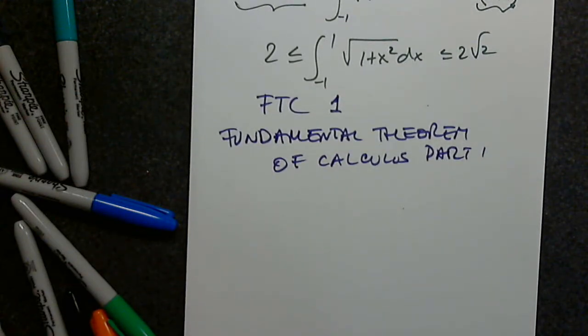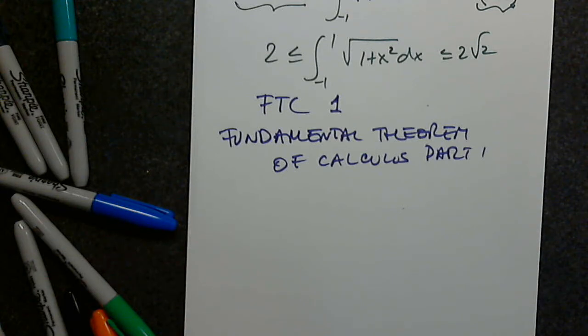Now, do we remember what part 2 was telling us? Fundamental theorem of calculus part 2 did what? What did it show us or teach us? How to evaluate definite integrals, right?